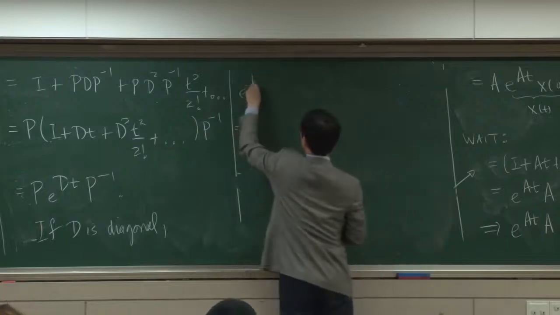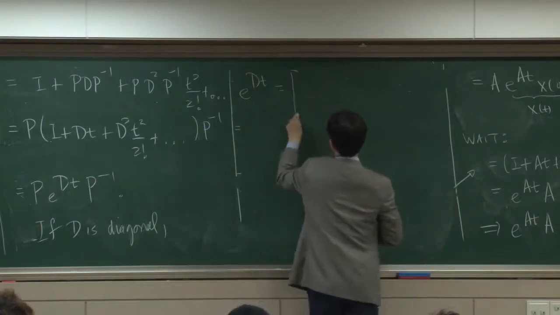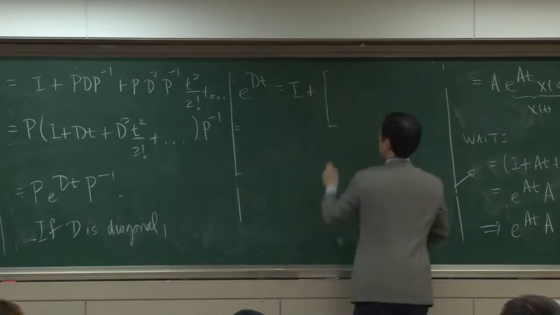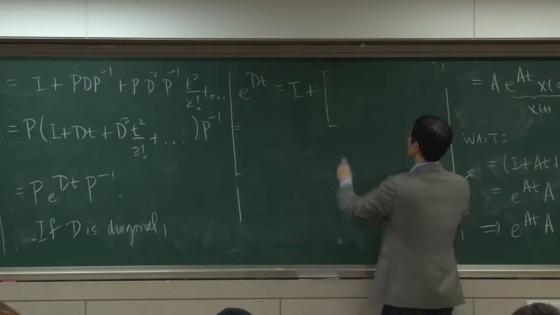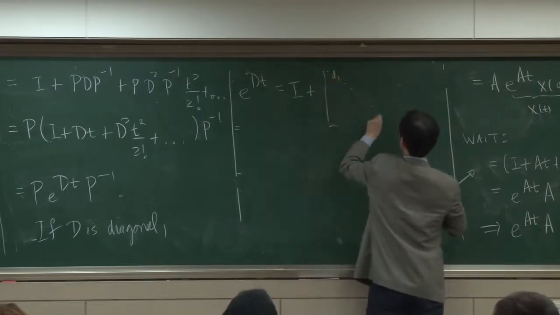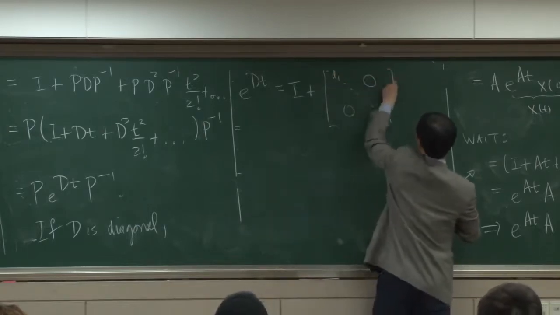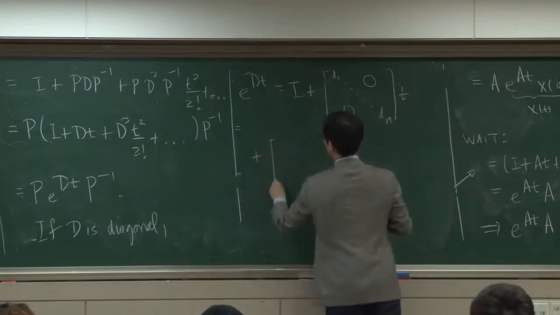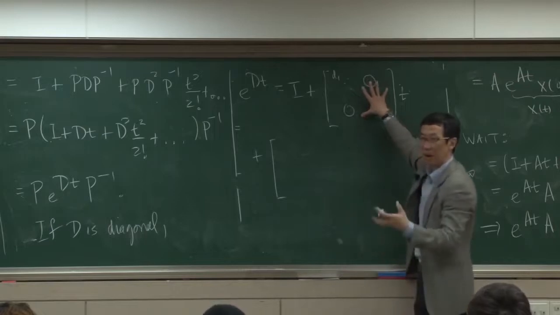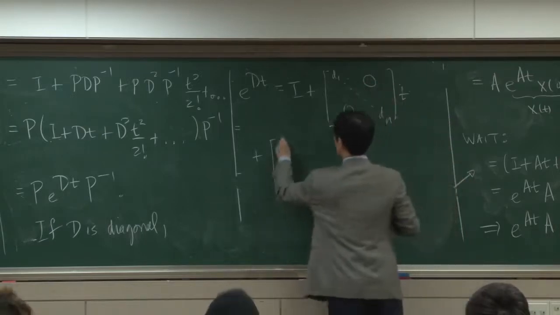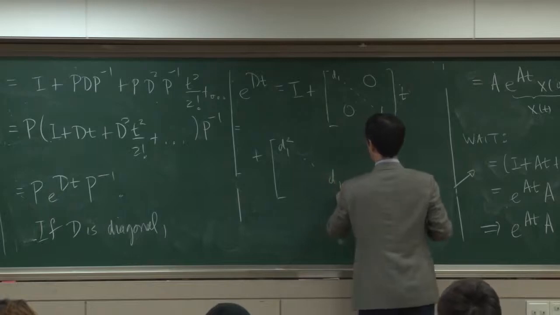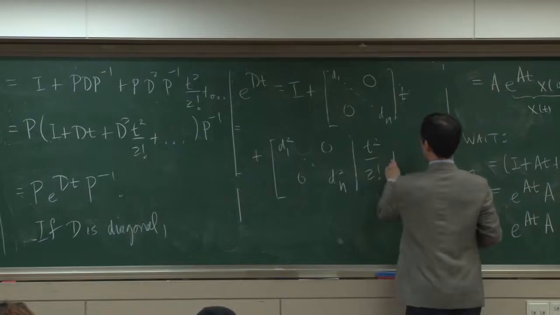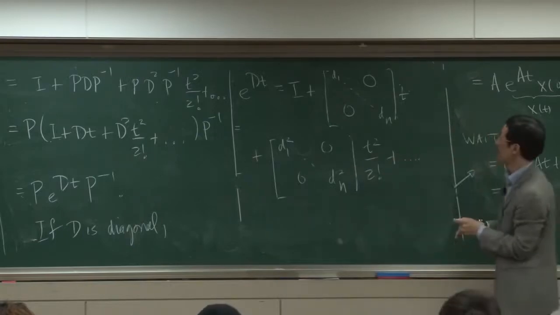So e to the Dt is just I plus the diagonal matrix D, let's say the elements are d1 up to dn, zeros elsewhere, times T, plus the diagonal matrix squared. So this is d1 squared, dn squared, T squared over 2 factorial, plus and so on.